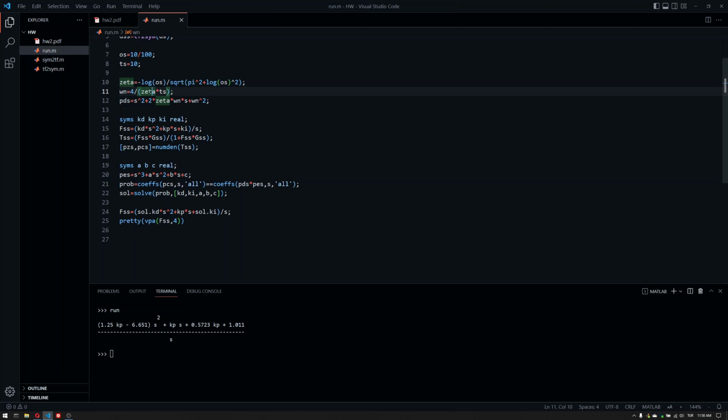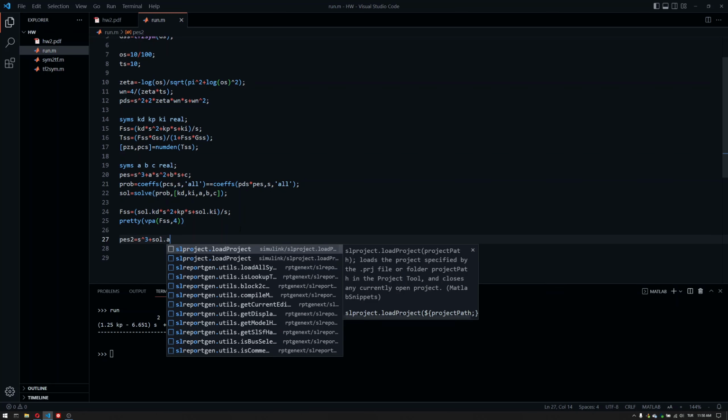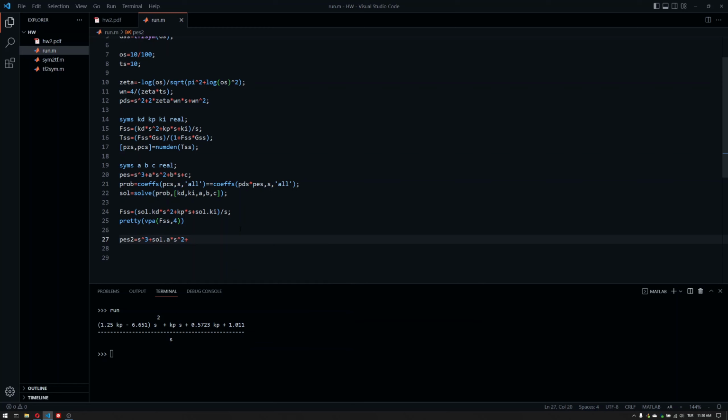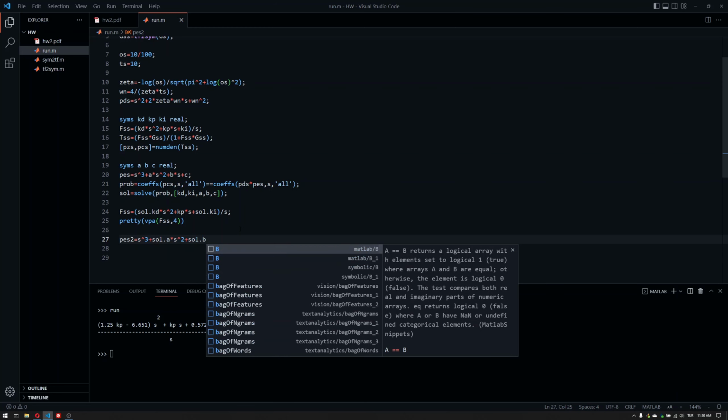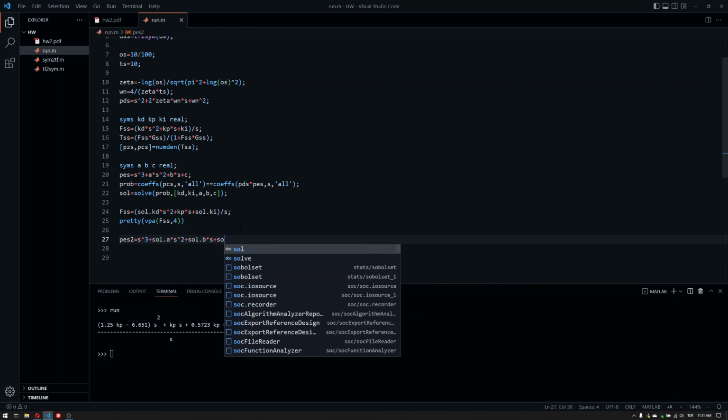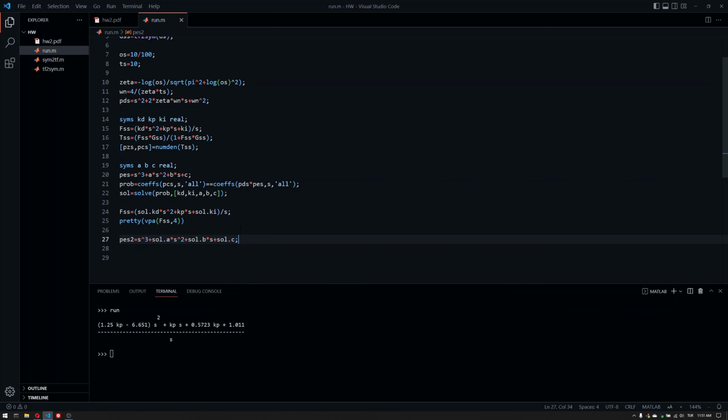Now, if we are going to take stability into the game, if we want to look for stability, what we can do is go a step further and use sol.a times s squared plus sol.b times s plus sol.c times sol.c, and maybe repeat this step. Maybe pretty is not really important.